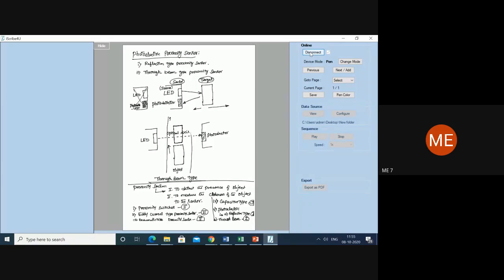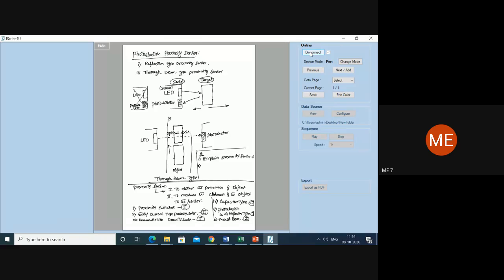Now I am coming to the conclusion. In the exam, you may be asked directly: explain proximity sensor with a neat sketch. If a person doesn't want to look at the different methods, he simply explains the proximity sensor. Some question papers specifically ask to explain the proximity switches with a neat diagram, explain the eddy current type proximity sensor, or explain the capacitive type proximity sensor.